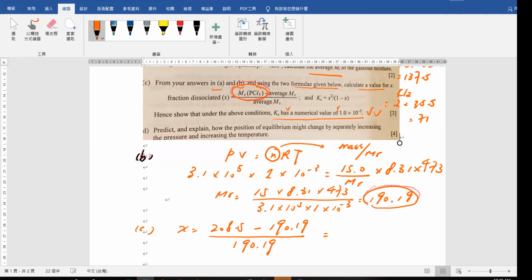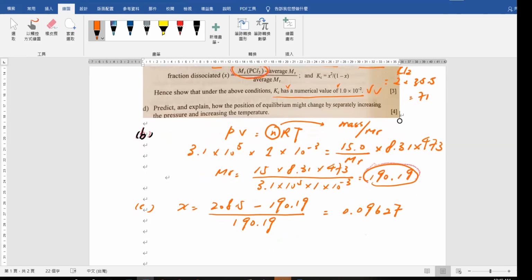Then we work out this number first. It's 0.09627. Okay, I will write down more decimal places so that my answer will be more accurate. Normally, it's 4 significant figures in the middle of the calculation and 3 significant figures in the last answer, okay?